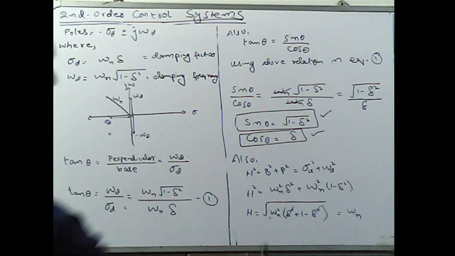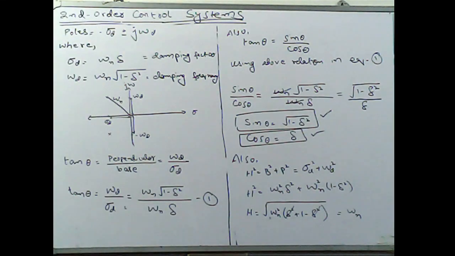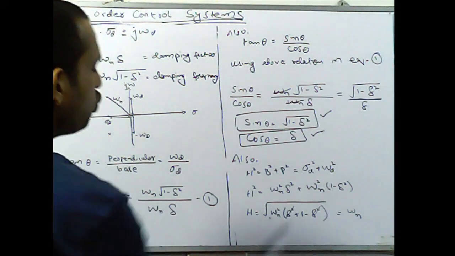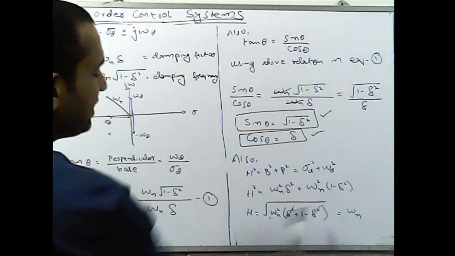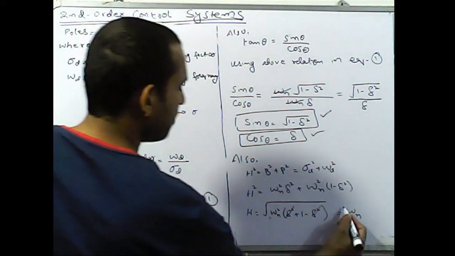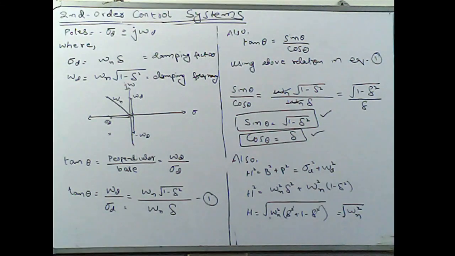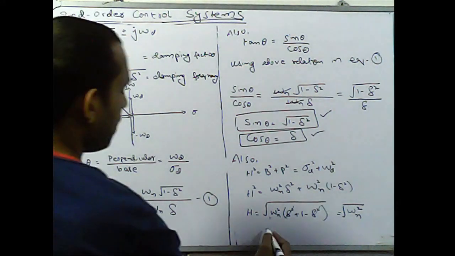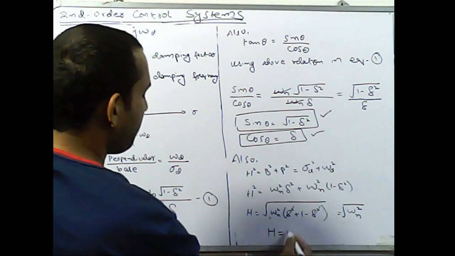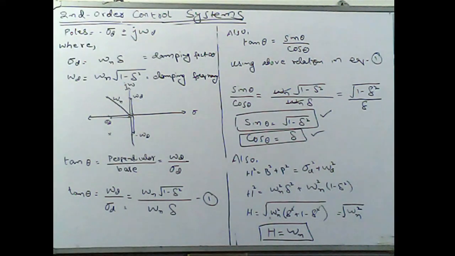After that, we will be left with zeta square plus 1 minus zeta square. We can cancel out these two terms because this is positive and this is negative, and we will be left with only this term, that is omega n square. So after taking the under root of this term, we can say hypotenuse is equal to omega n, and this is our hypotenuse from the origin to this pole.